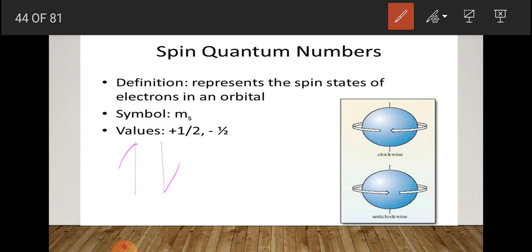For anti-clockwise we make a downward half-head arrow. In your book also this is shown, but in orbitals it becomes easy for us to draw like this. Both can be drawn, both are used in most books, but it will be easy for you to make it like this. The direction becomes much clearer when we make the arrows like this.